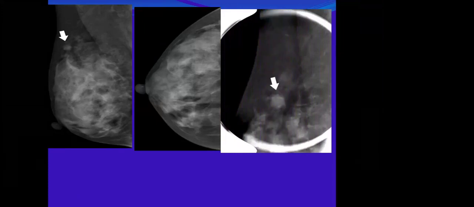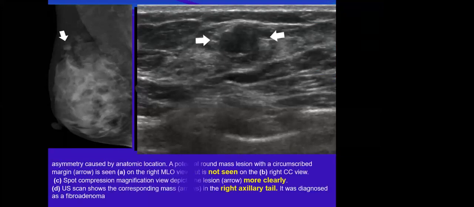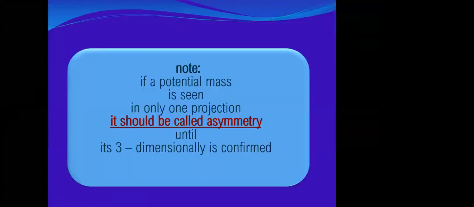The spot compression confirms the appearance of a mass, okay, and ultrasound the same, confirms there is a circumscribed mass, but I cannot say from the mammography standard view that this is a mass. I will report it at the beginning as asymmetry, since it is seen in only one view.